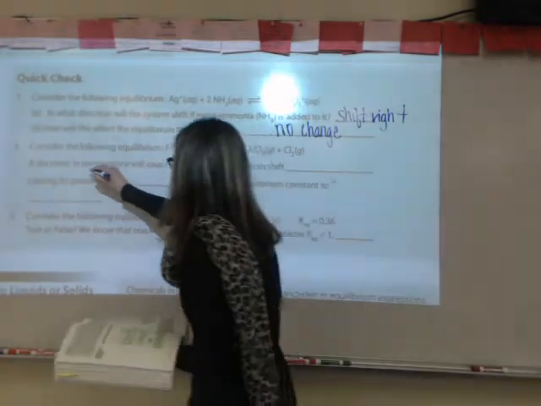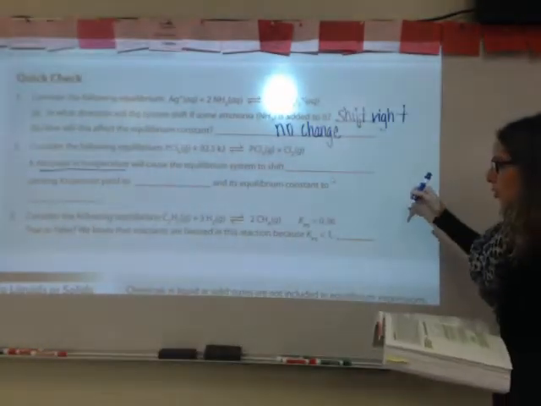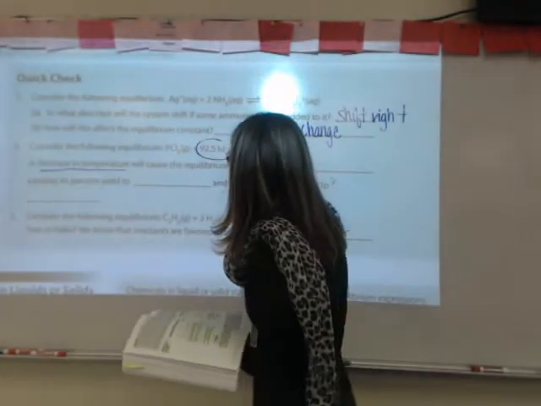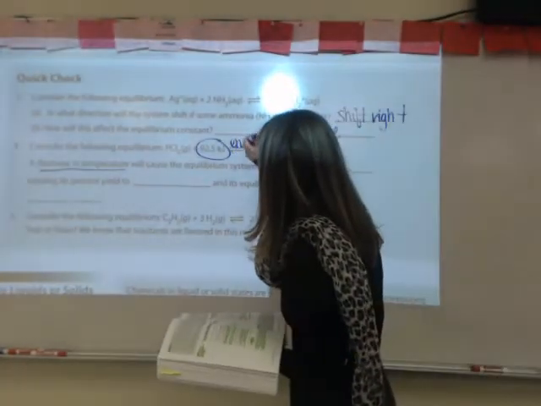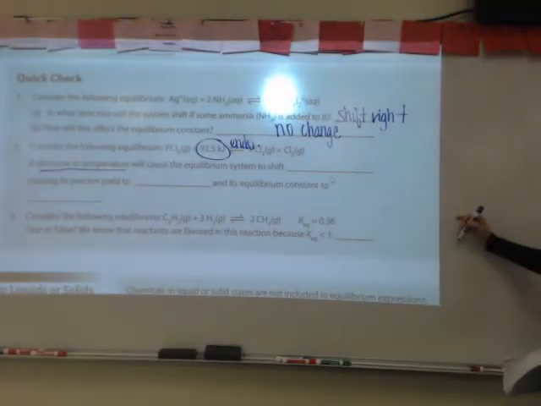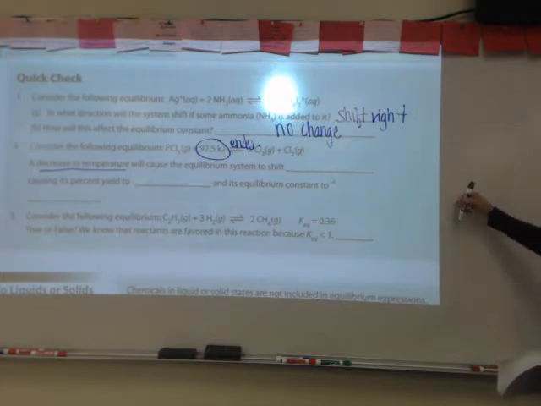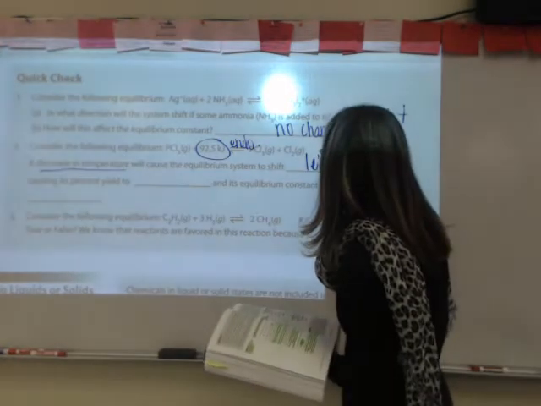A decrease in temperature will cause the equilibrium system to shift in which direction? Well, here you've got energy going in as a reactant, so this is an endothermic process. So if you decrease the temperature of an endothermic process, you're decreasing the heat, which is a reactant, which means you're going to end up shifting left.